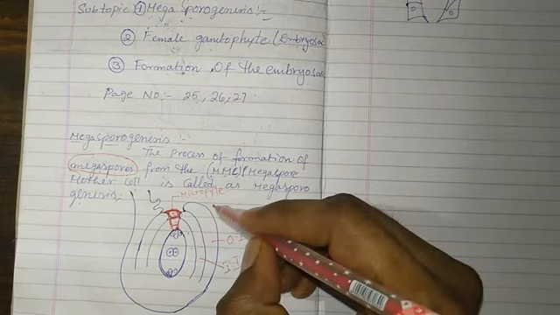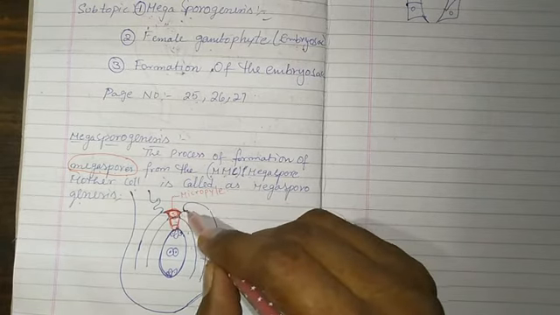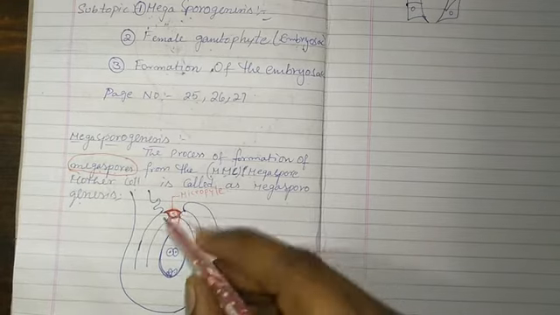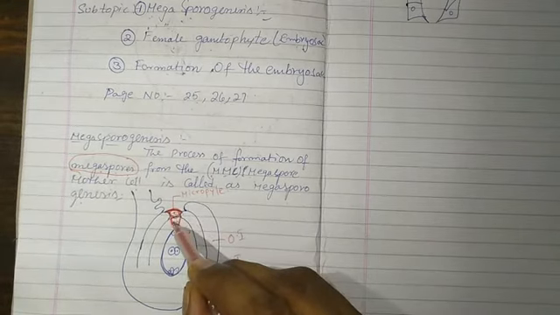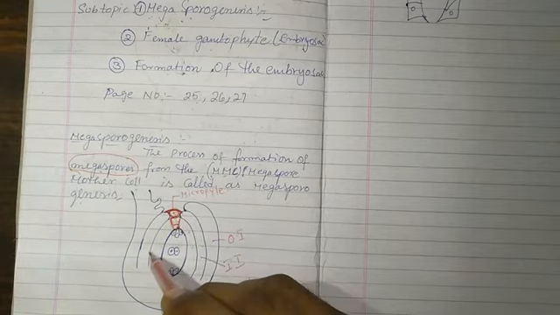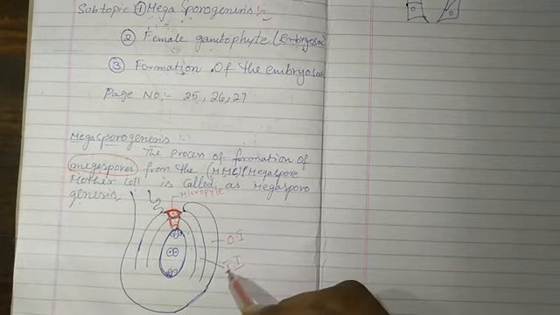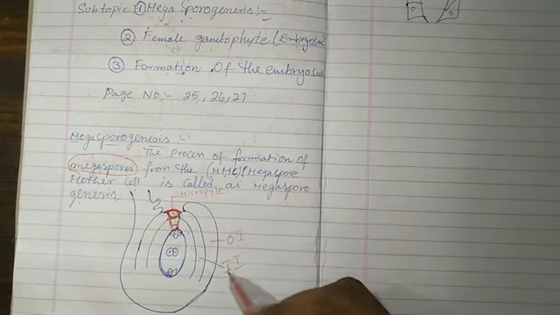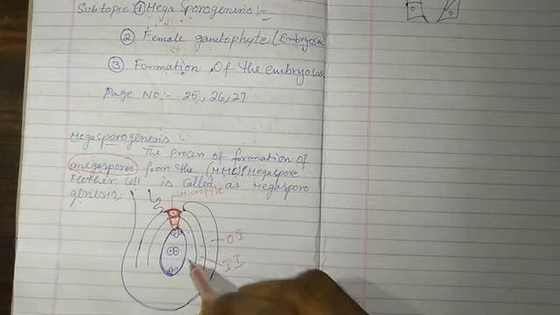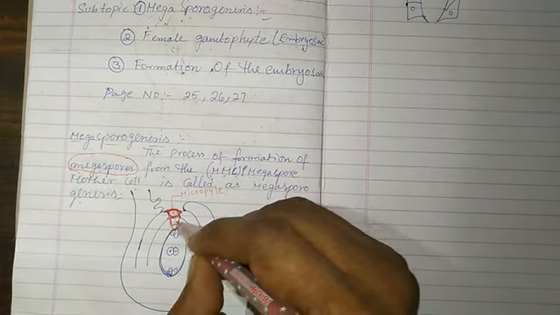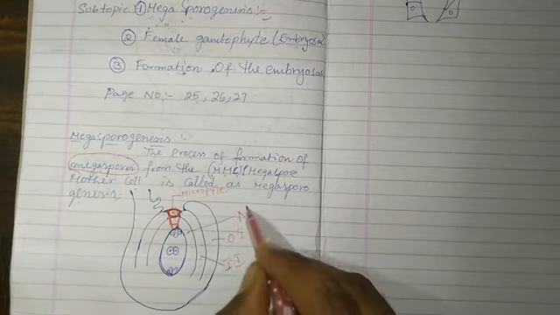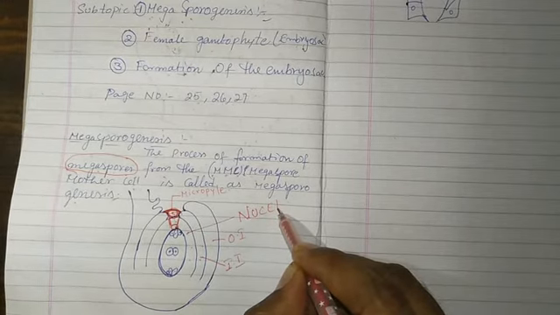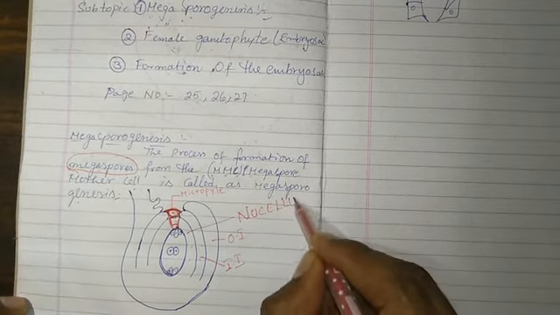Why I am saying all this you will understand later. So here, this is called the micropyle, and inside the micropyle or inside the inner integument, there is a tissue called the nucellus.